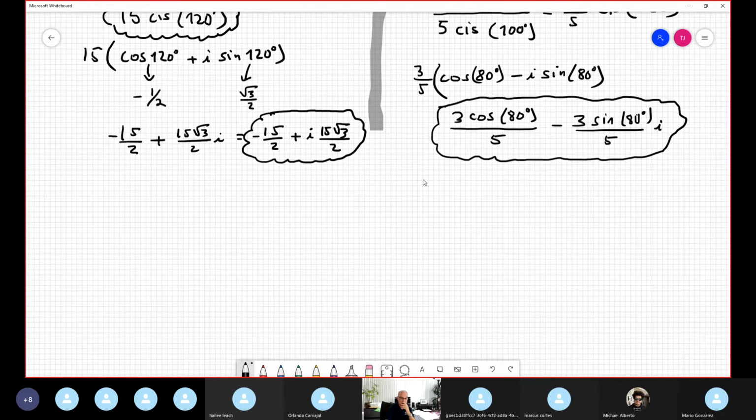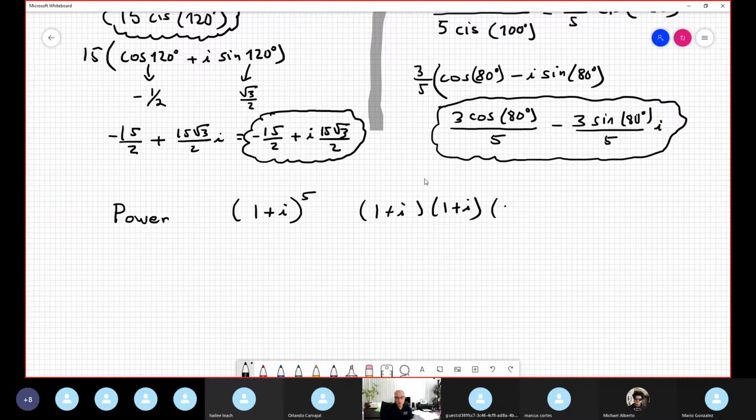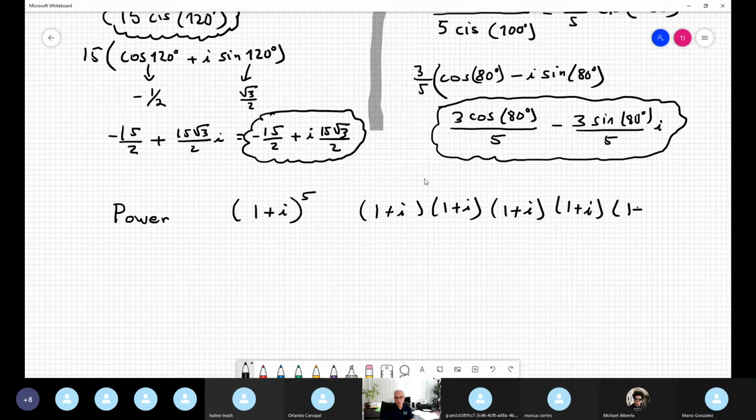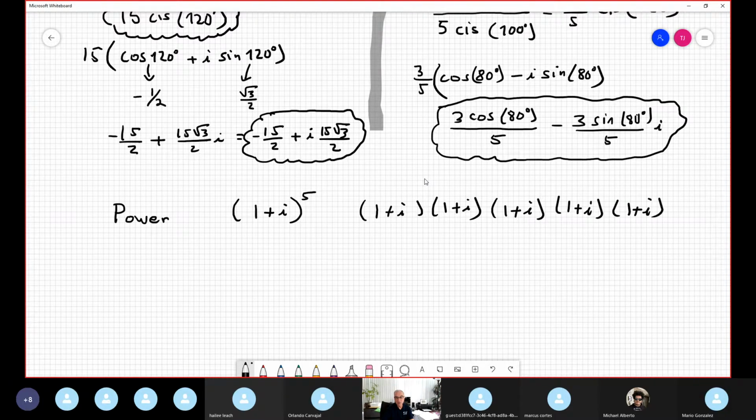Let's move on now to power. Power is always complicated when you raise a complex number to a power. One problem is (1 plus I) to the 5th power. Wow. In Euclidean algebra, you need to multiply 1 plus I, 1 plus I, 1 plus I, 1 plus I, 1 plus I, is it crazy, no? 1, 2, 3, 4, and 5 times.